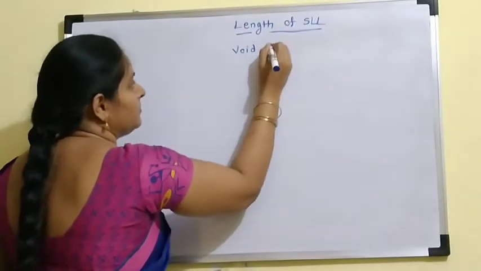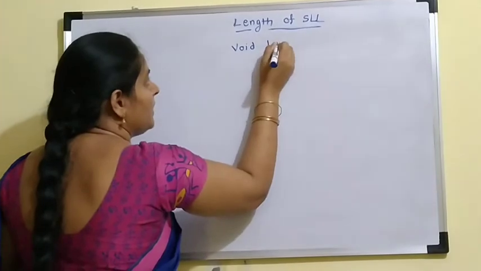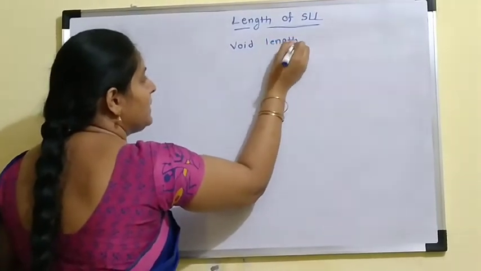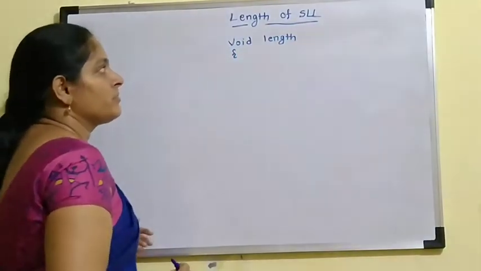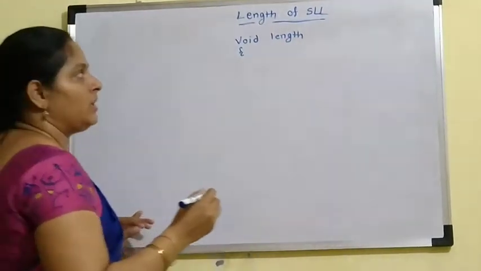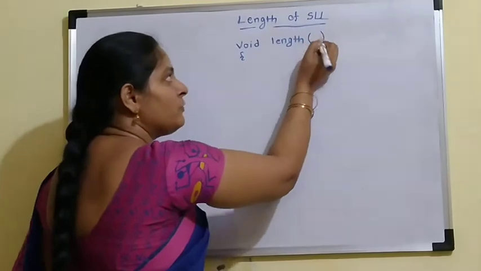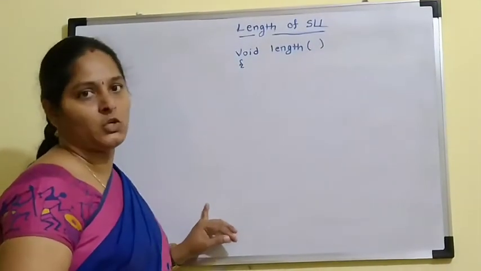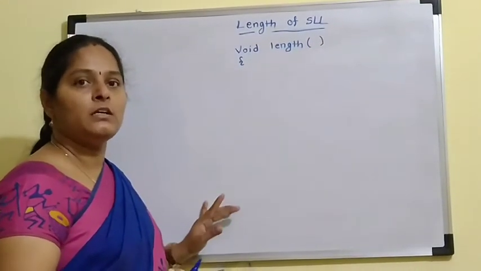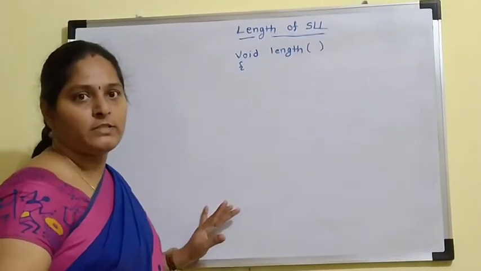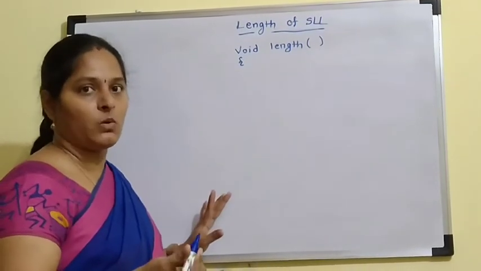First, void length of single linked list. Here also, before counting the number of nodes, first of all we need to verify whether the list is empty or not. If the list is empty, there are no nodes in the list, so the length of the list is 0.